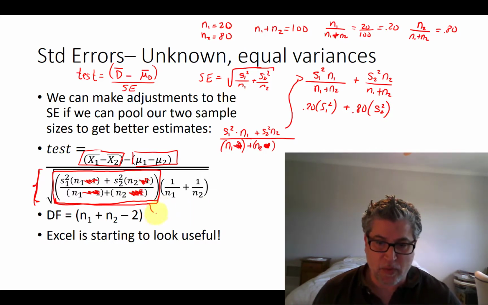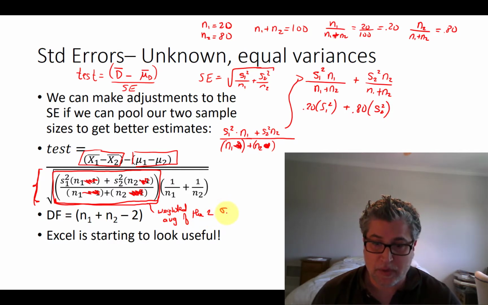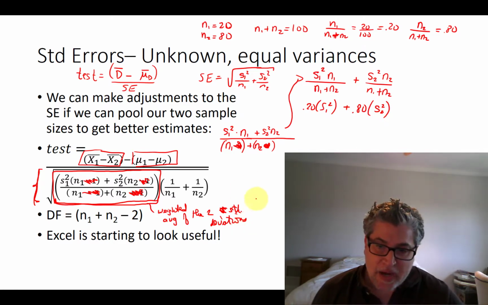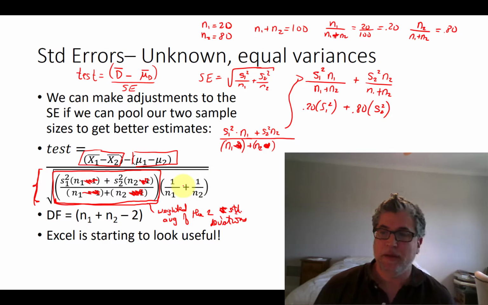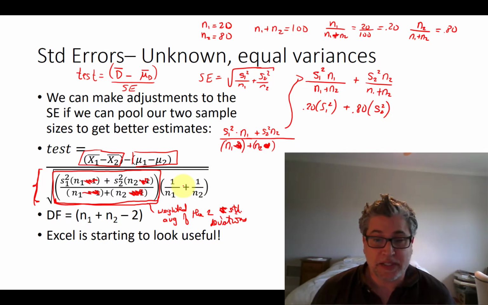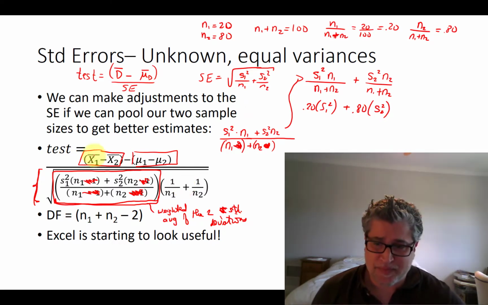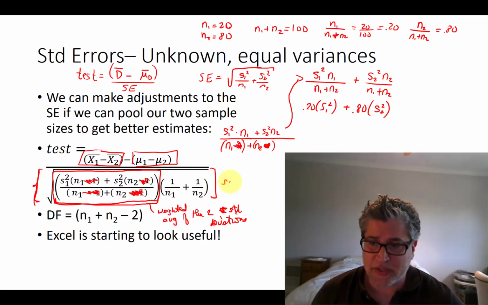So this here is kind of like a weighted average of the two standard deviations. And then we're dividing by essentially something like the sample size. So that's a standard error still. That denominator, this whole denominator here, that is your standard error.